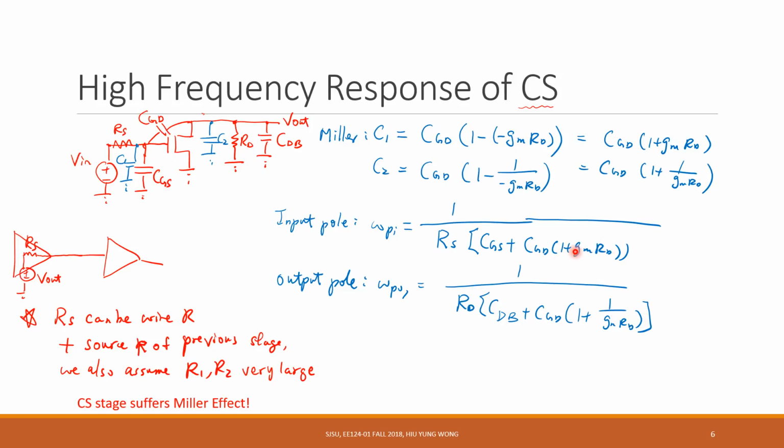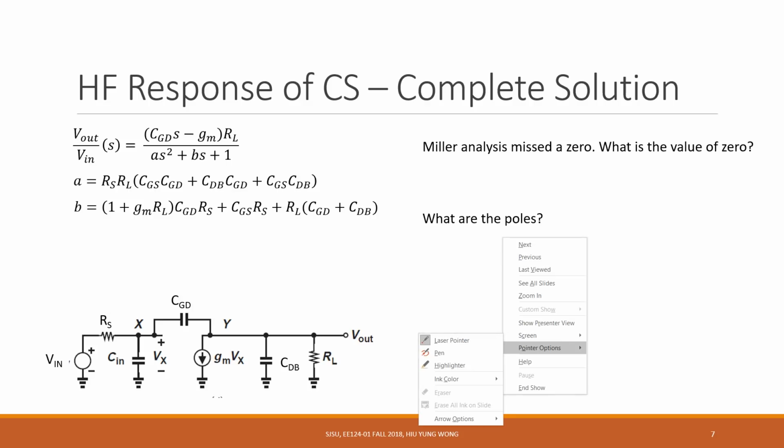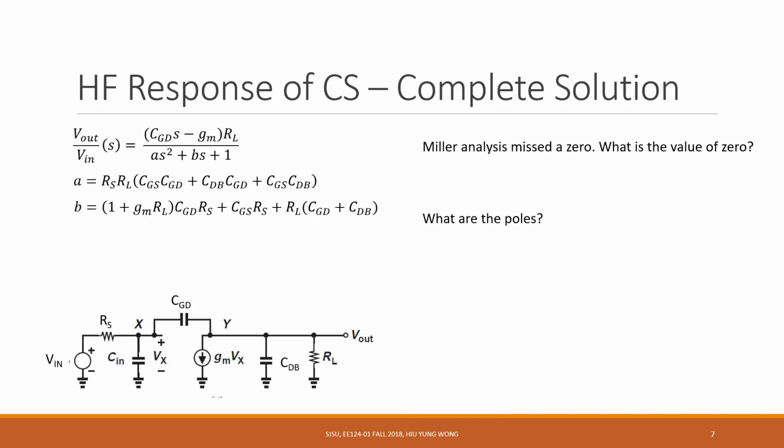But in reality, if you need to find out the accurate solution, you need to write down this small signal model, right? So remember that this is the small signal model, and you see here we have, this is the source, right?